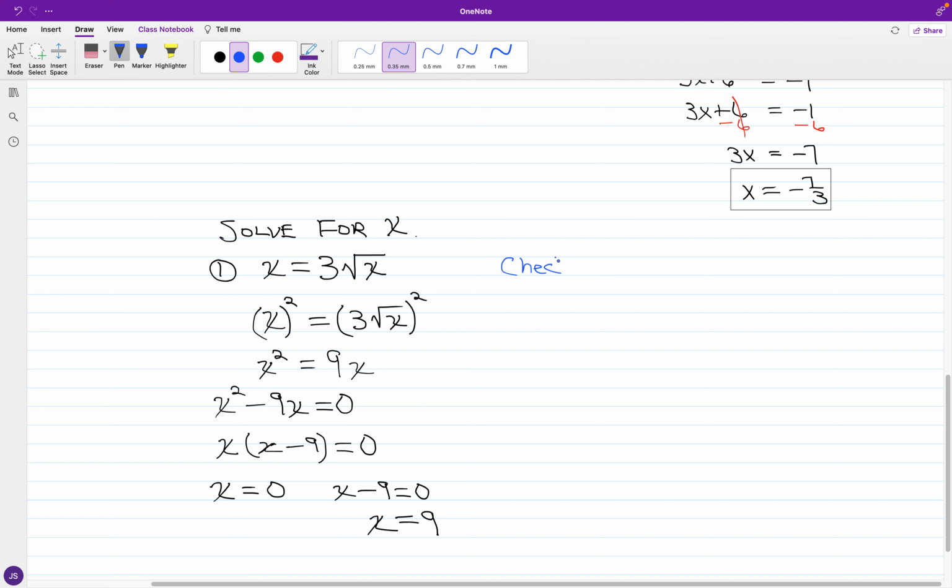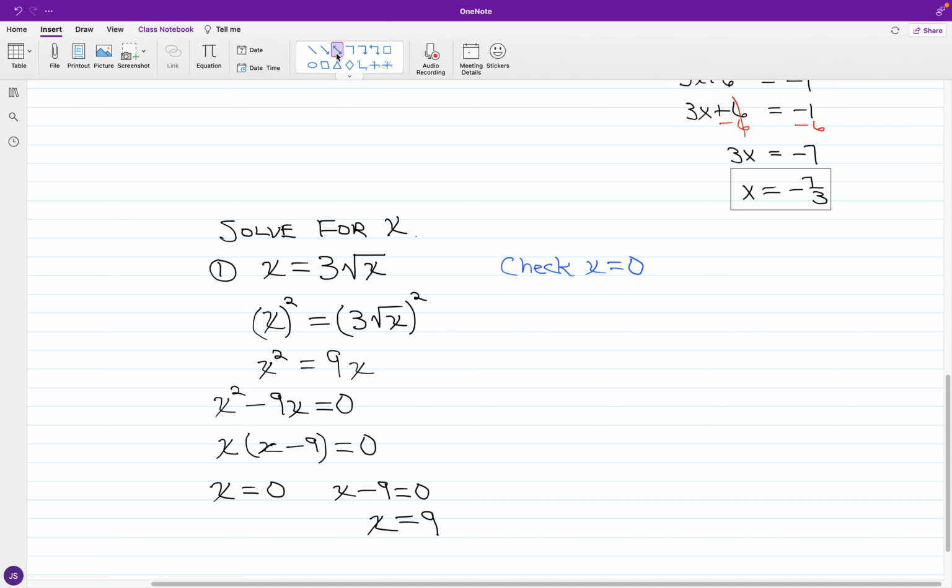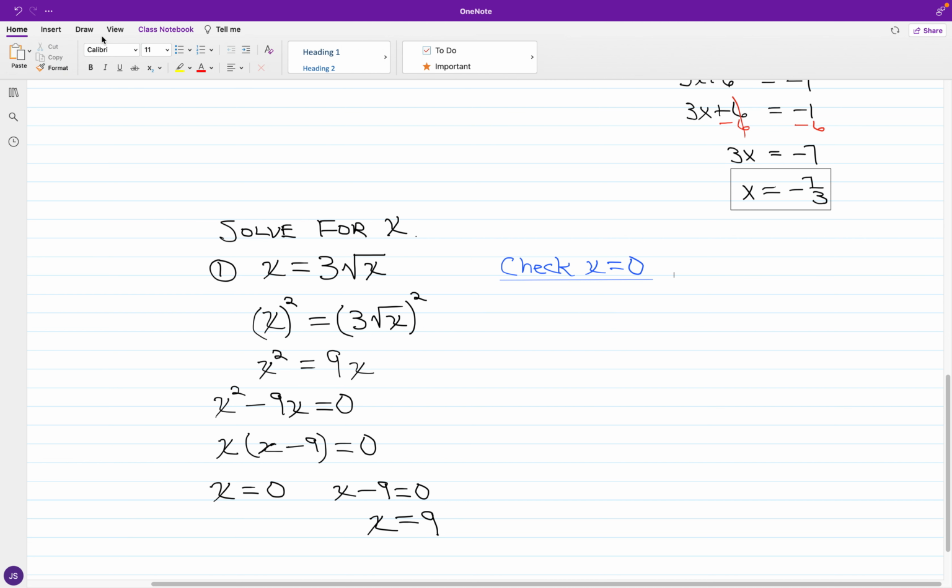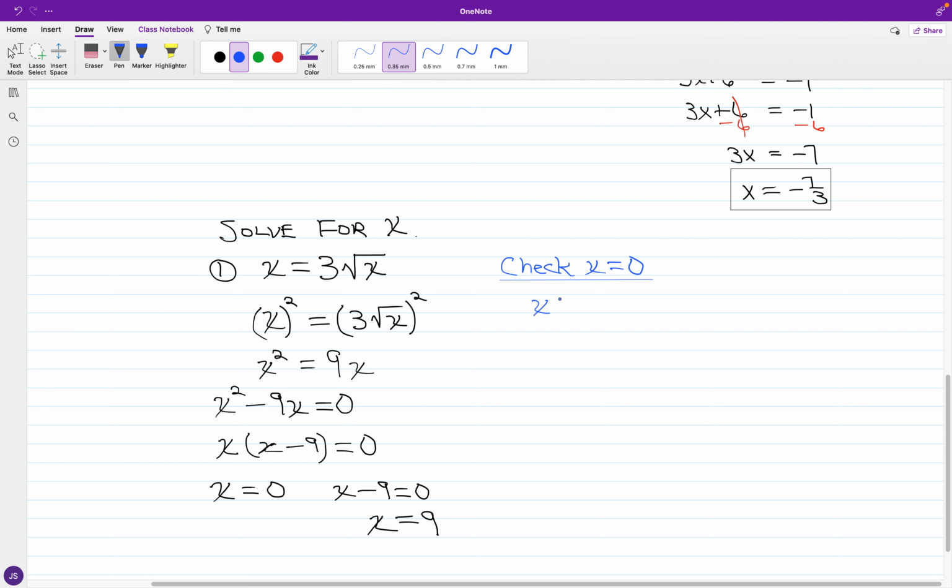Now you don't have to write out the checking, if you can see it visually, what we have, just with the inputs. Again, we're working with x equal to 3 times the square root of x.